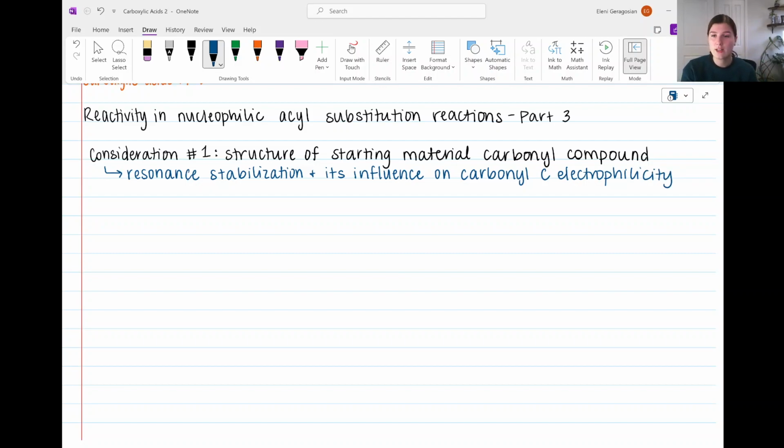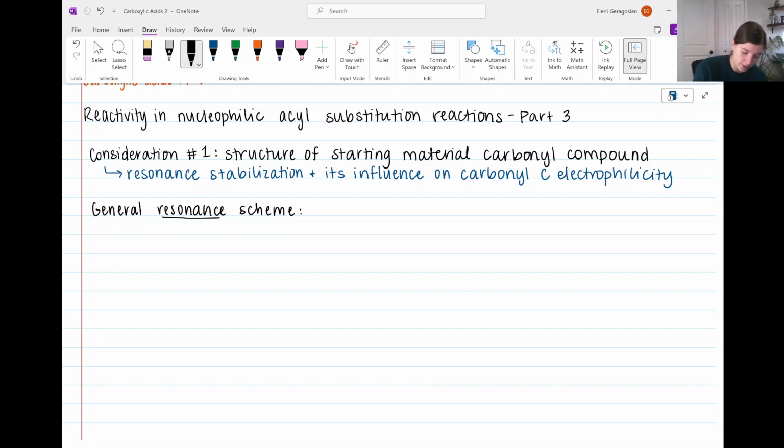Now, the more electrophilic the carbonyl carbon, the more reactive that molecule is for nucleophilic addition. So we'll consider how resonance can impact the carbonyl carbon's electrophilicity. So let's do our general resonance scheme.